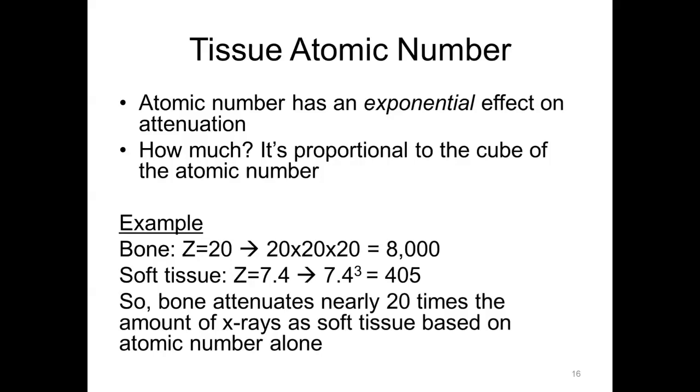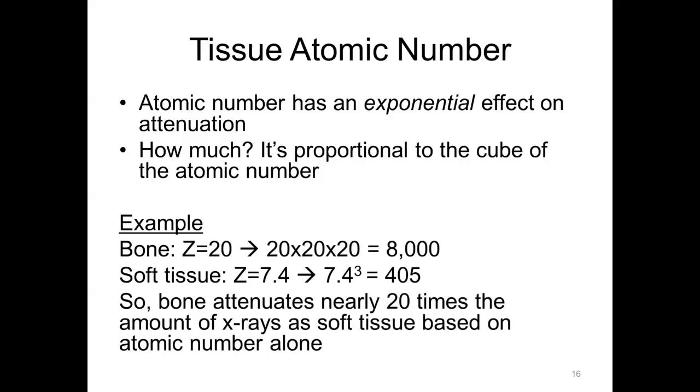Example of this, we have our average atomic number of 20 for bone. So 20 cubed, 20 times 20 times 20 is 8,000. Soft tissue, atomic number average of 7.4, we cube that, we get 405.